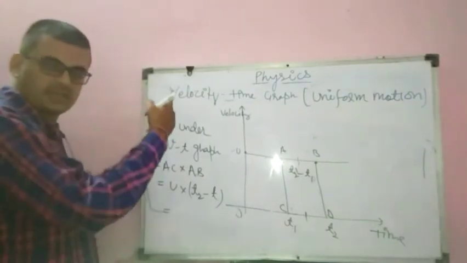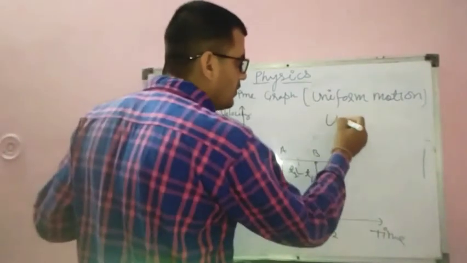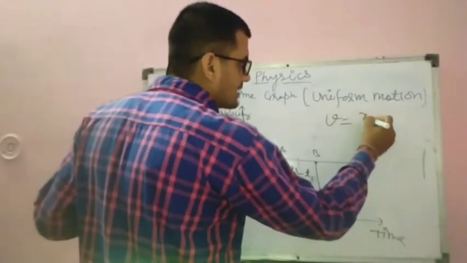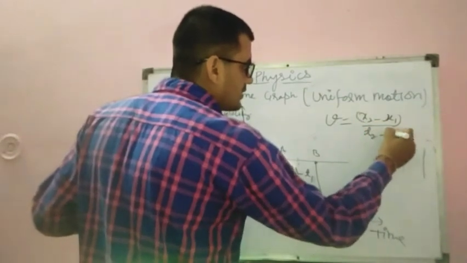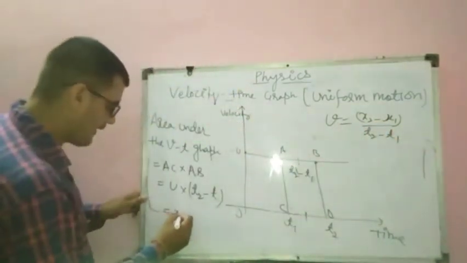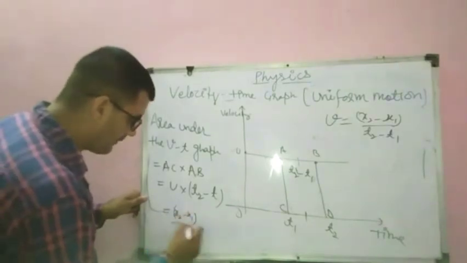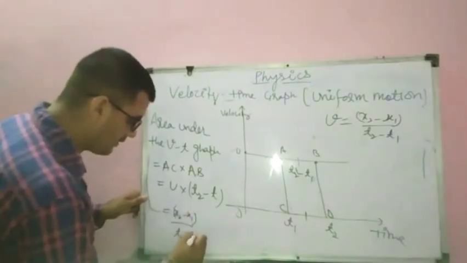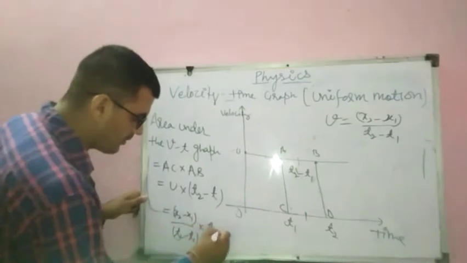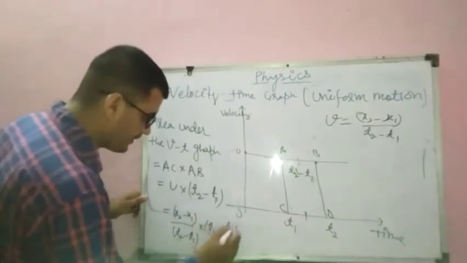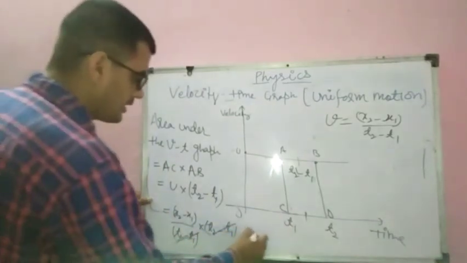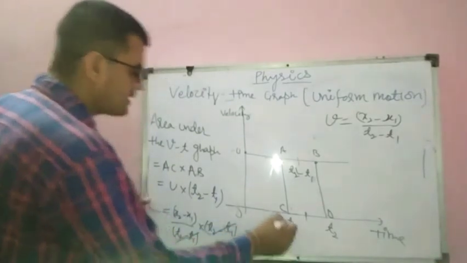So you know that velocity is represented by v or u. In the previous graph we calculated v equal to x2 minus x1 upon t2 minus t1. So right here, x2 minus x1 upon t2 minus t1, into t2 minus t1, which gives x2 minus x1.